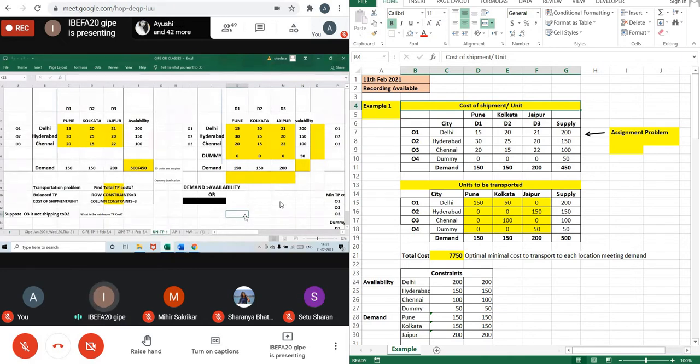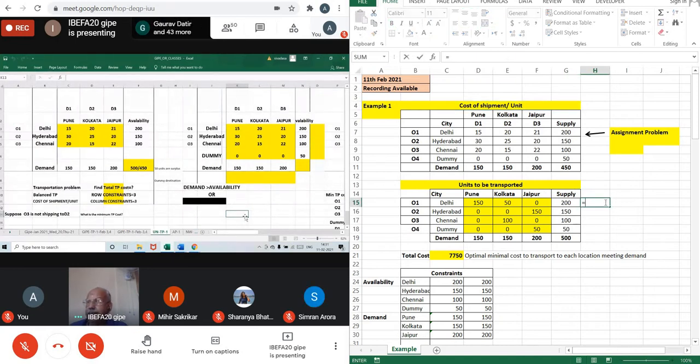What does it mean? Number of units to be transported from origin to destination, whether it is balanced or unbalanced, optimum.